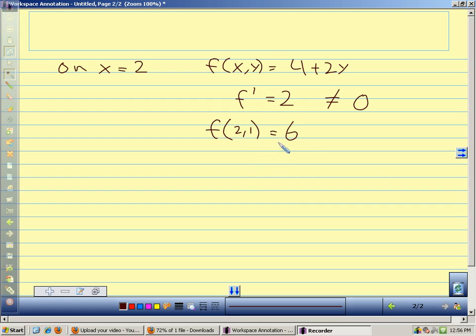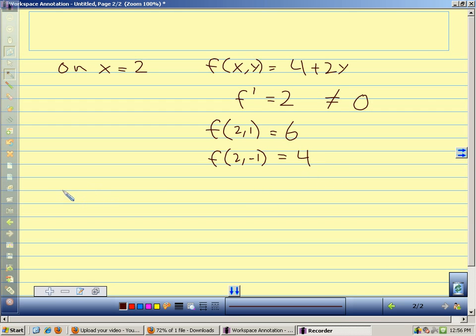That's 6. And f of 2, negative 1, that's the other endpoint of the interval that's our right-hand boundary. f of 2, minus 1 is 4.